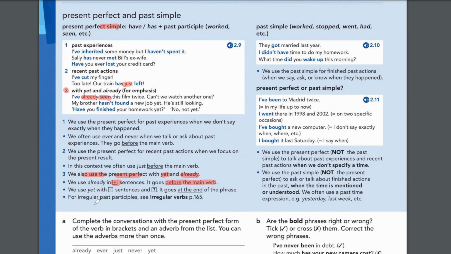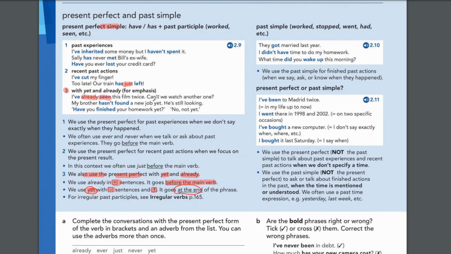Now, when it comes to yet, there are two things we should understand. The first, yet comes with negatives and questions. It doesn't come with positives, guys. So the word yet comes with negative and question present perfect. Second, it always comes at the end of the phrase or the end of the sentence.